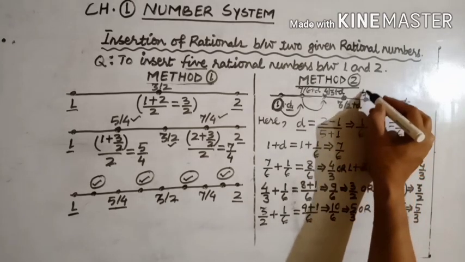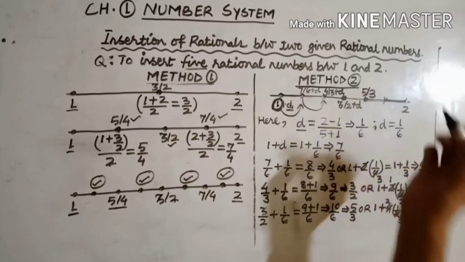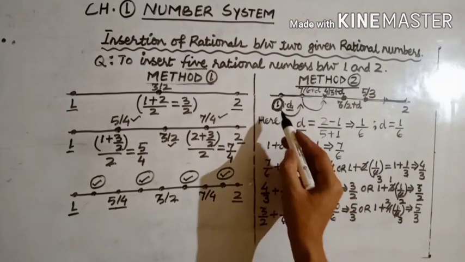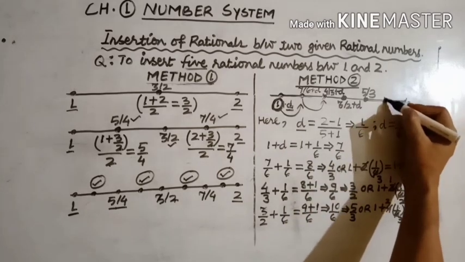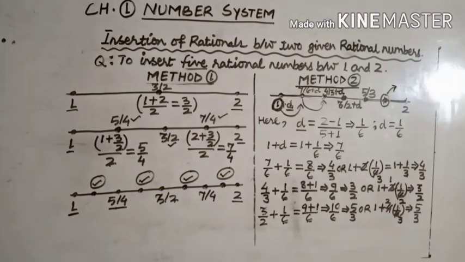So this 5 by 3 is the fourth rational number between 1 and 2. In the same manner, try to find the fifth rational number yourself.